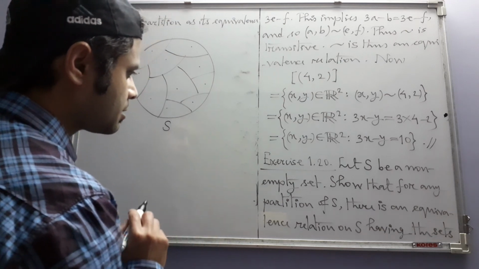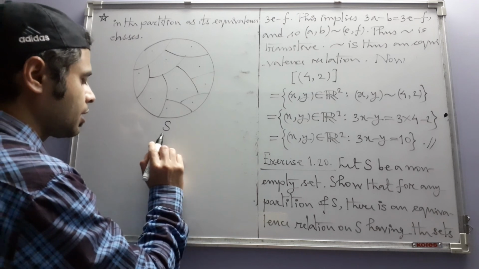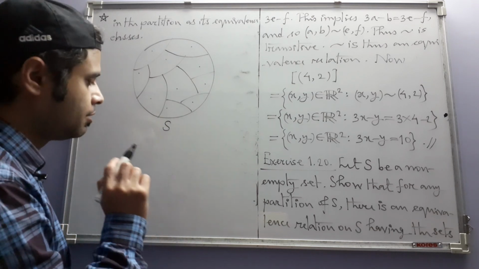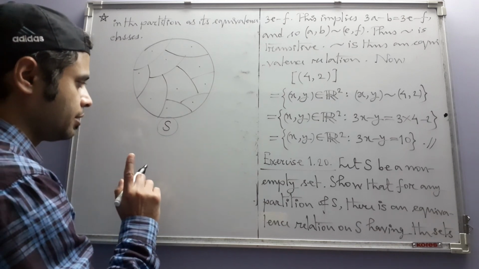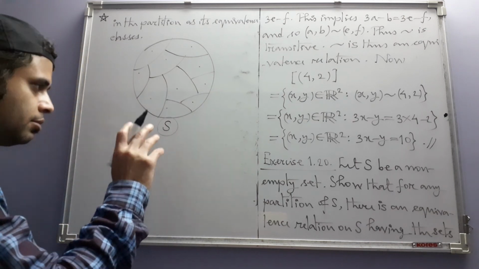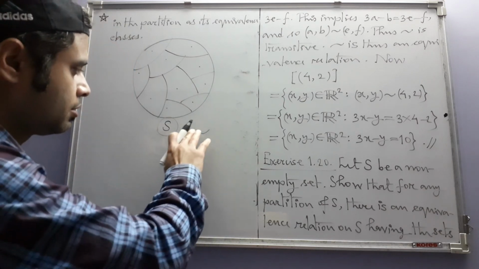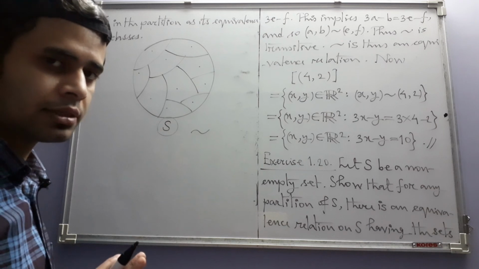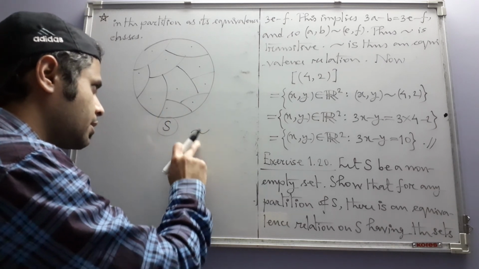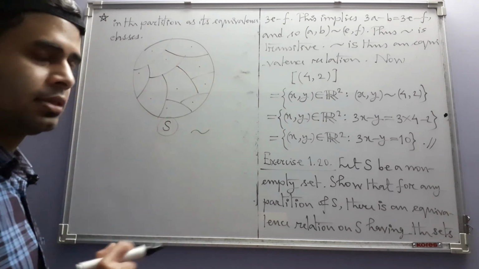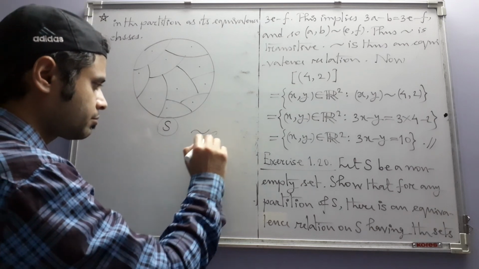Now, this exercise tells us that we have to come up with some equivalence relation on this set S, such that once you find an equivalence relation, it will give rise to some equivalence classes, such that those equivalence classes turn out to be precisely these sets in the partition. That's what we have to do.